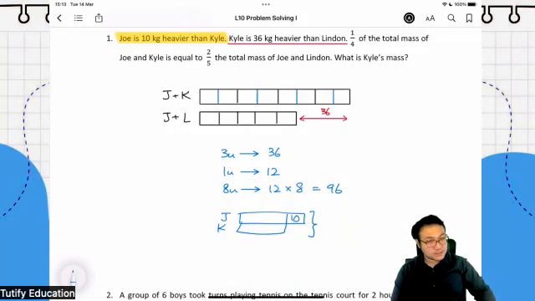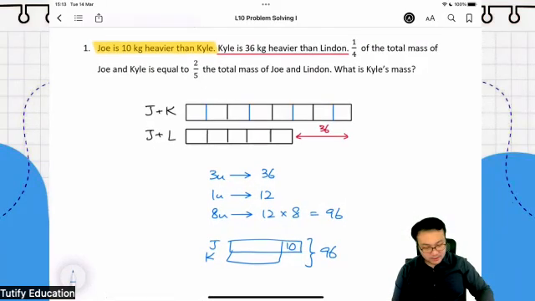The total weight of Joe and Carl is how much? 96. Yes. So how am I going to get the mass of Carl then? Maybe you just minus 10 divided by 2. Correct. Very good, Yongjun. Well done.